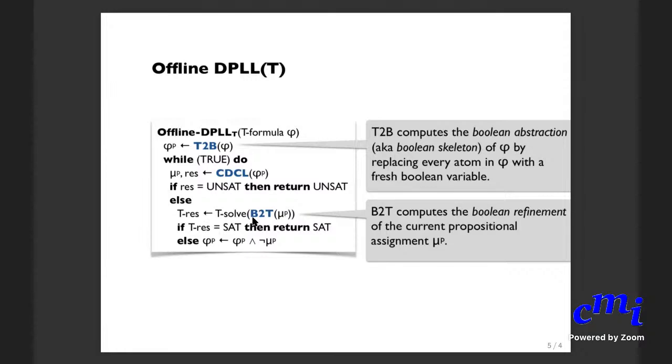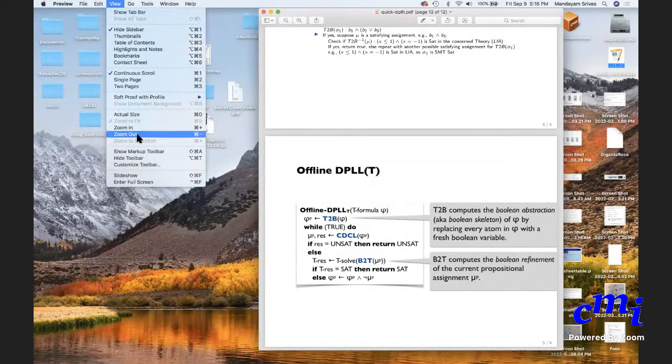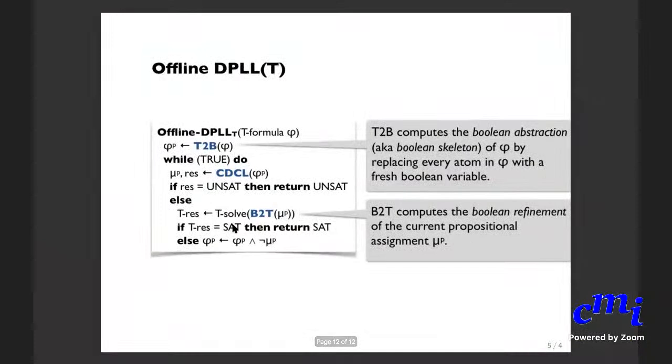you use the theory solver, which is what T-solve does. If it's linear integer arithmetic, as in the example that I showed, you could use an LP solver. You take the satisfying assignment that is returned by the SAT solver, then you convert that back into T, the T to B inverse that I showed in the previous slide.